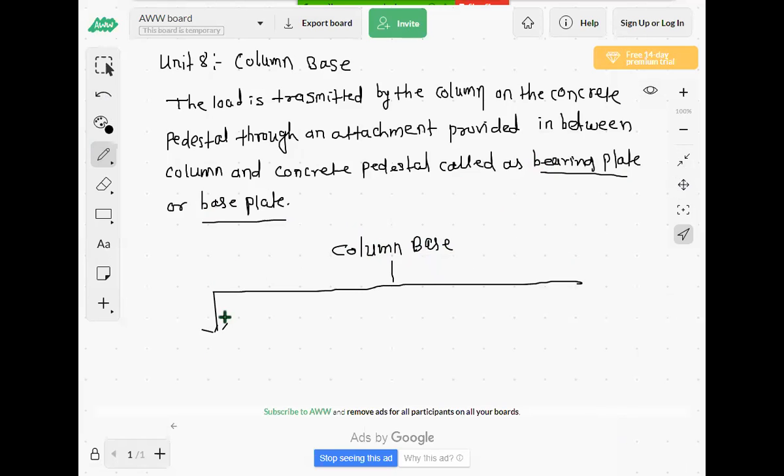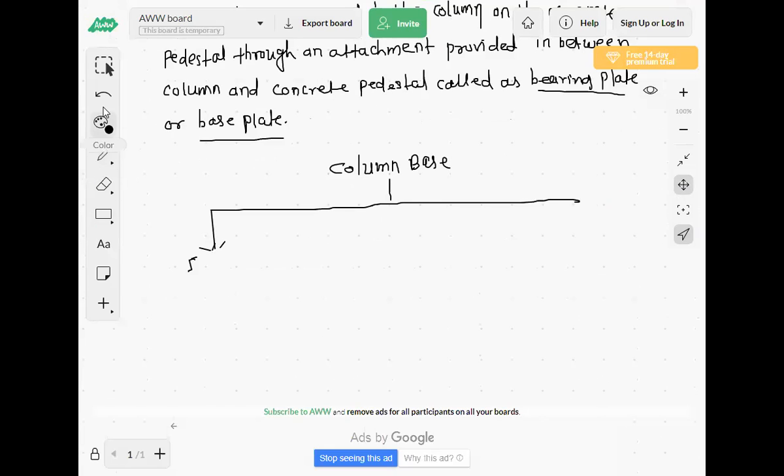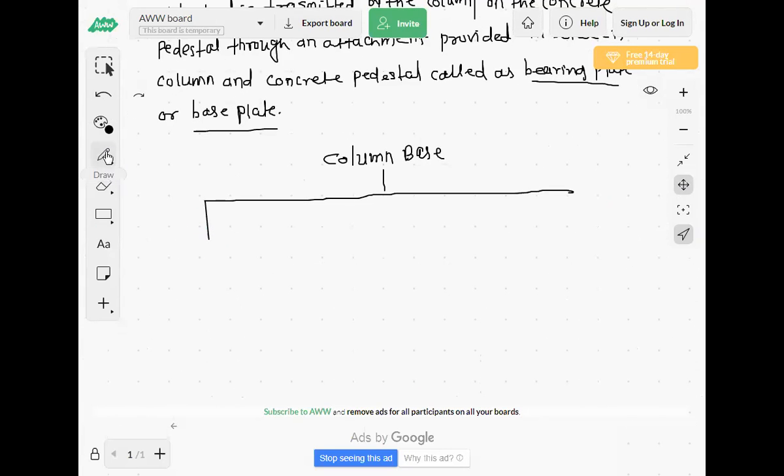First is the slab base. This is used for low loads.